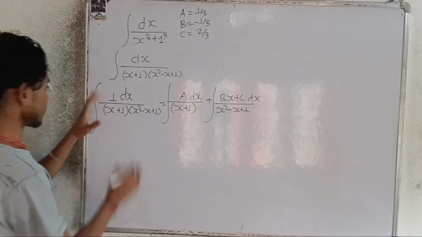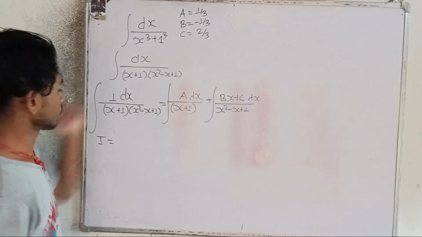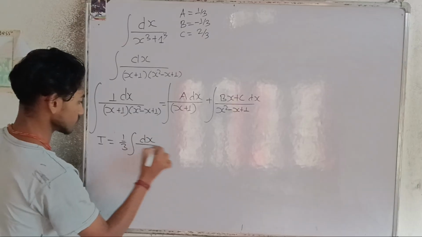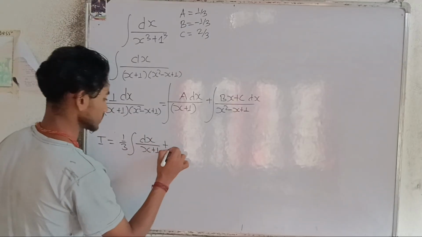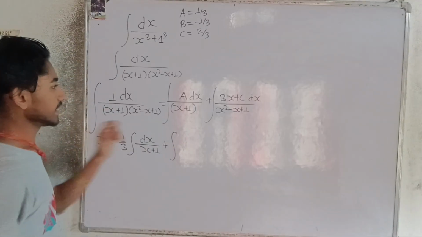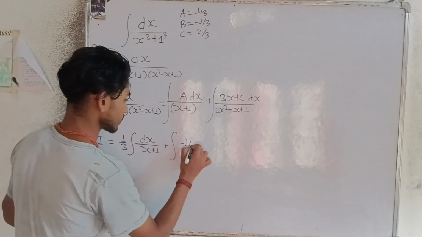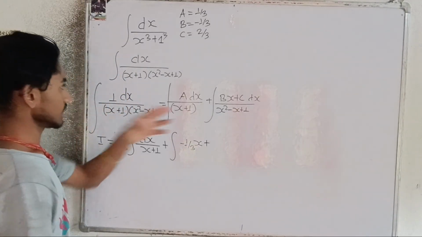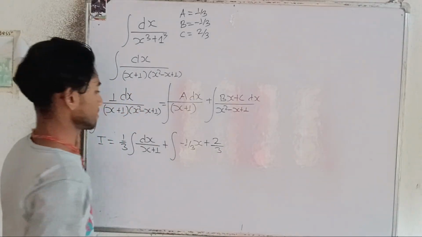Okay, so I'm going to write I as the integral, and for a I have 1 over 3 integral dx over x plus 1, okay, plus integral, in terms of b we have minus 1 over 3 x plus, in terms of c we have 2 over 3.